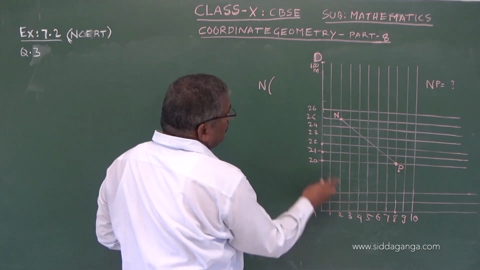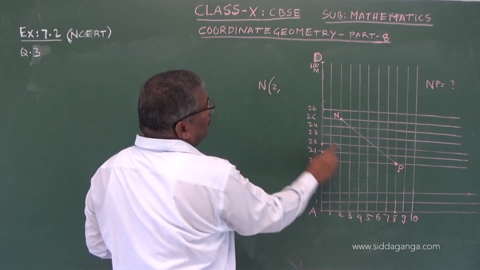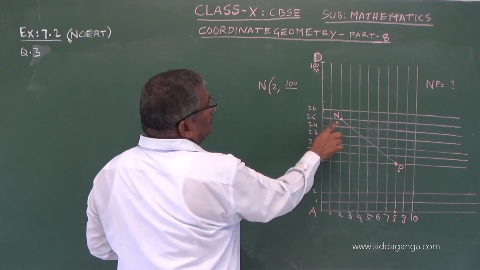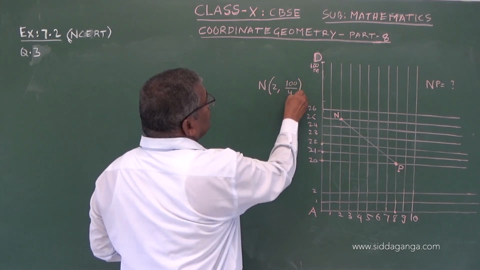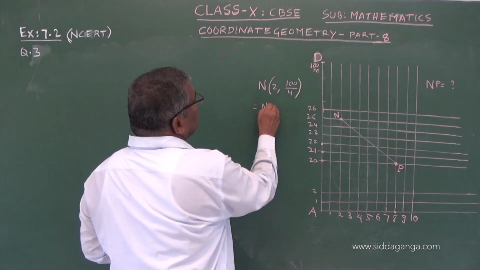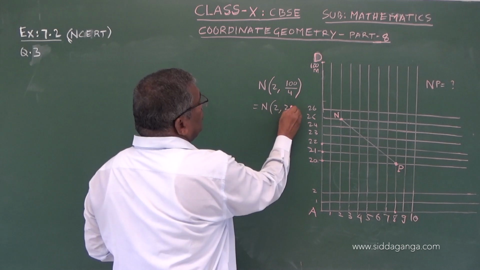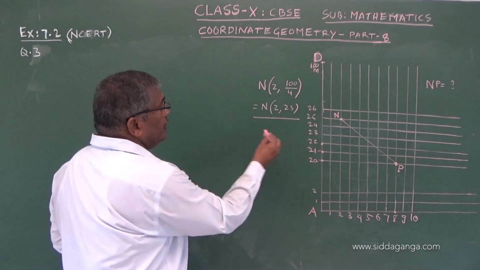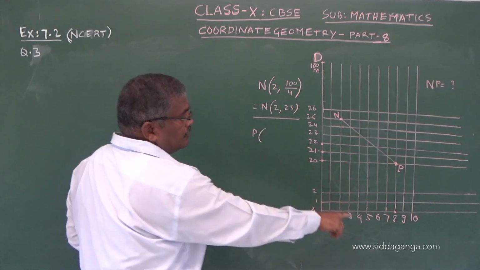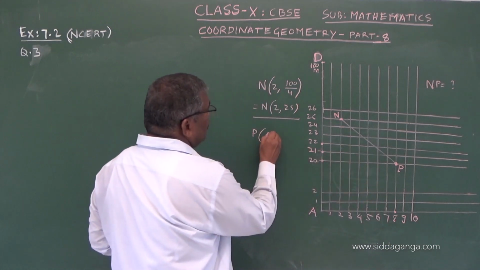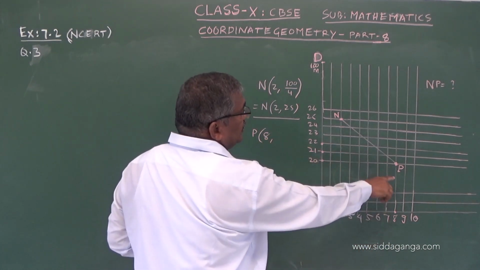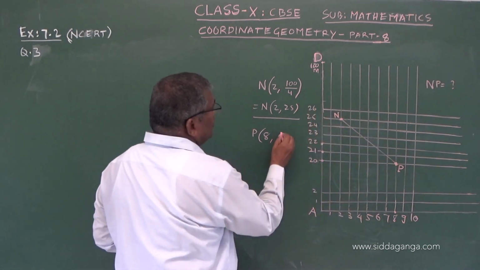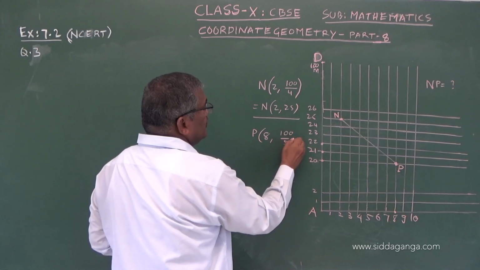You can see here 2. X is 2. Y coordinate is 100 divided by 4, 1/4 of 100, so N equals (2, 25). These are the coordinates of N. So now coordinates of P. You can see here, this is 8, x coordinate is 8, y coordinate is 1/5 of 100. 1/5 of 100 is 100 divided by 5, that is 20.